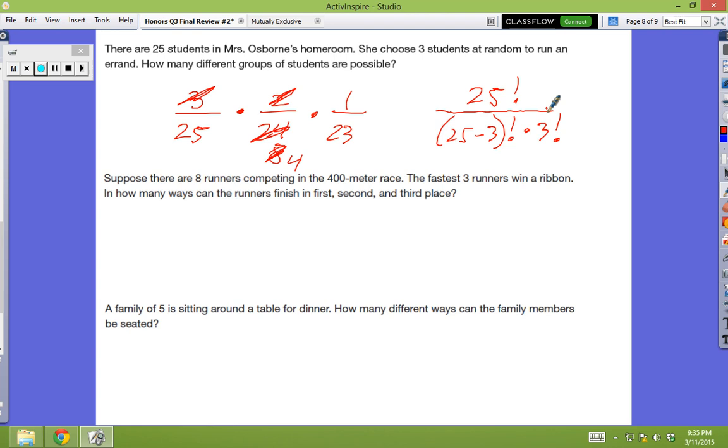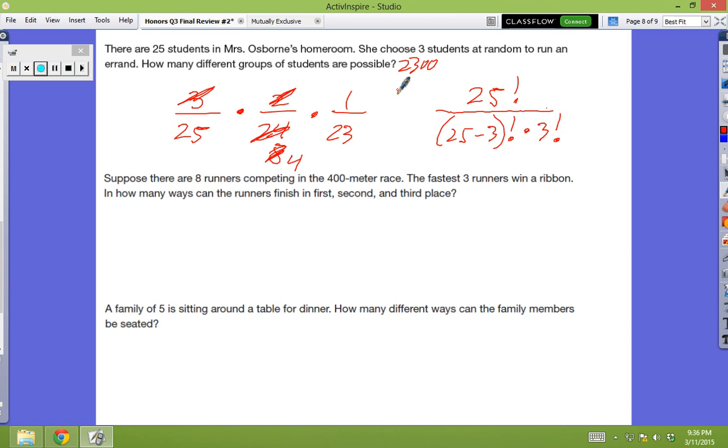I think I just lost my marker. So 25 times 4 is 100, and then 100 times 23 is 2300. So there are 2300 different groups.